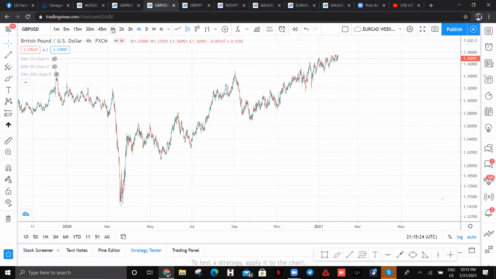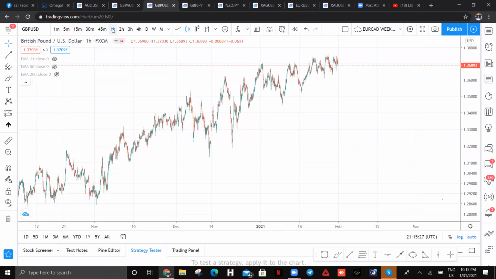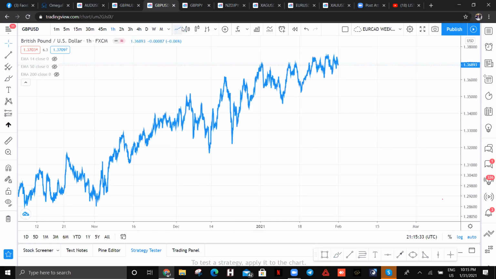So you come to H1 and we draw our what? Zone on H1. Price is even looking upward here. So it's going upward, this upward movement. The most recent pullback is this one.